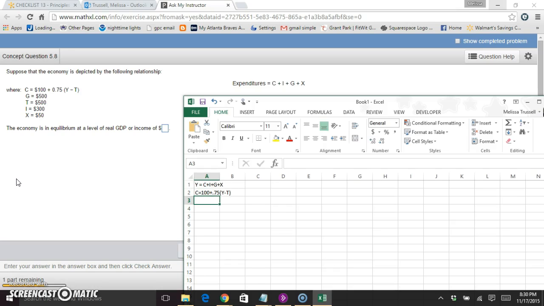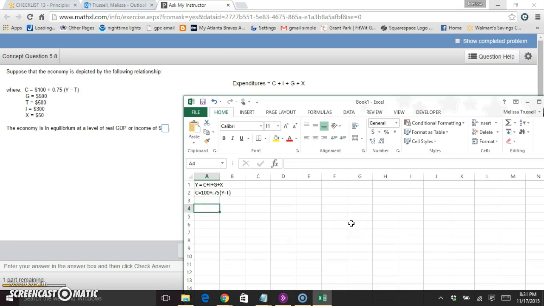So we can go ahead and solve this equation, the top equation, by plugging in our equation for consumption. So I'm going to go ahead and plug in this C for the C in my top equation.